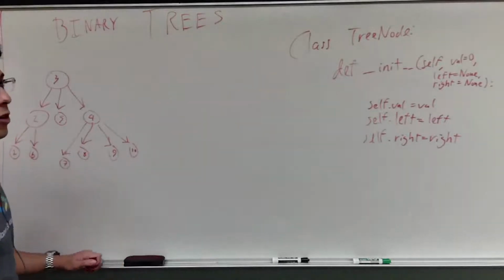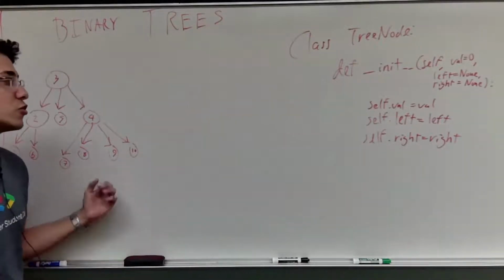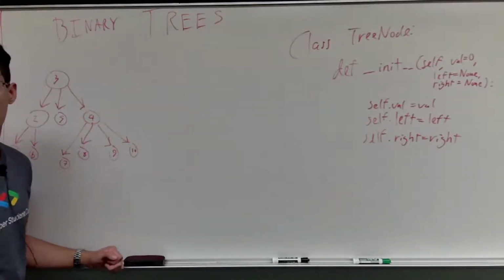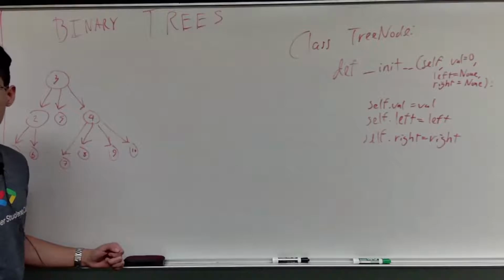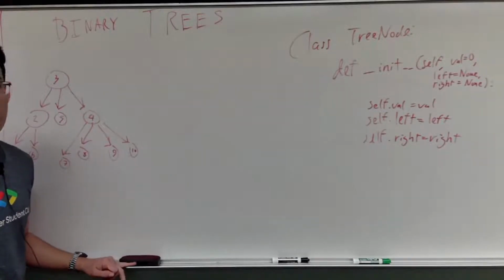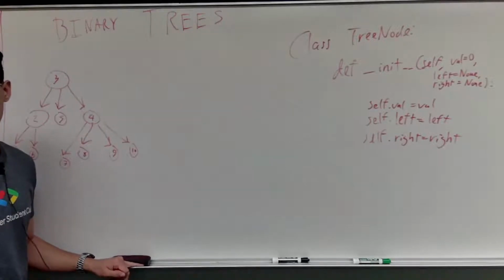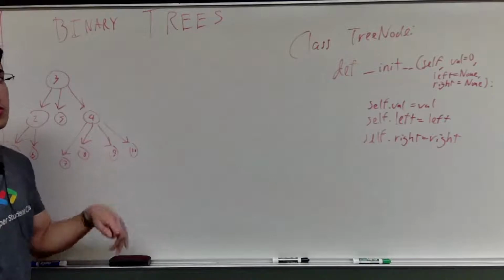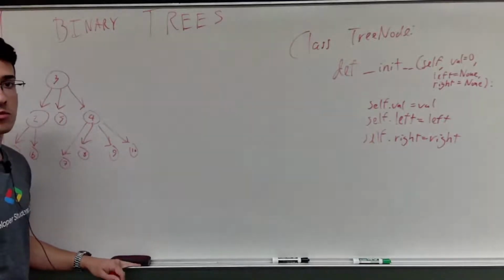Okay, so how do we traverse this tree using DFS? Any ideas? Well, just DFS. Kind of the same way we did it before. Just all the way down, starting from the root.